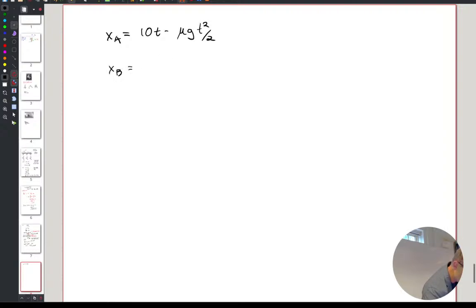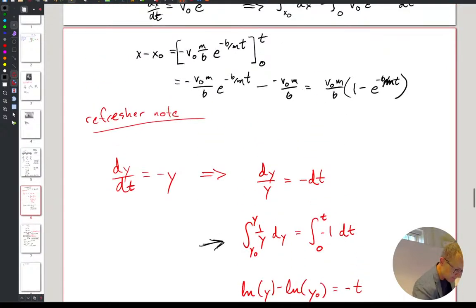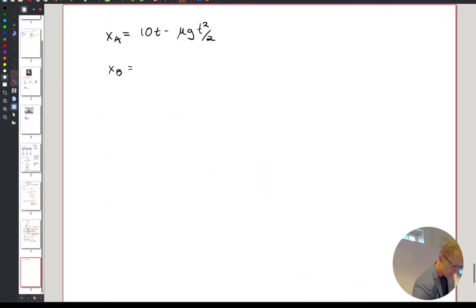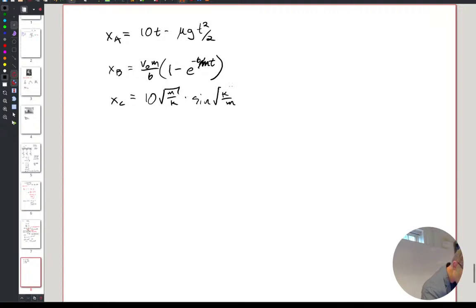XB was this one, V0 m. So I have 3 different x values.